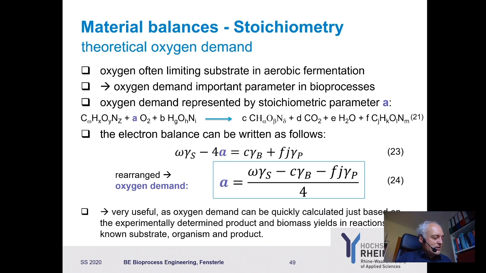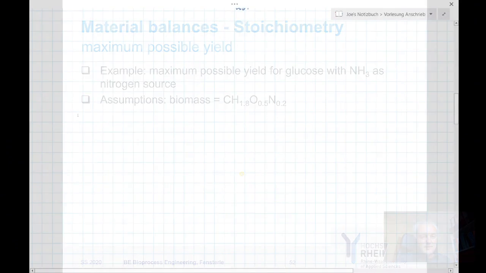So let's go back to the exercise. Let's first put the things we had into the equation. So the cell composition is CH1.84O0.55N0.2 plus 5% ash.